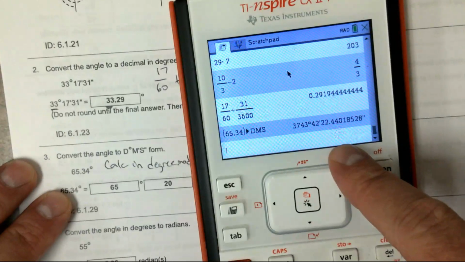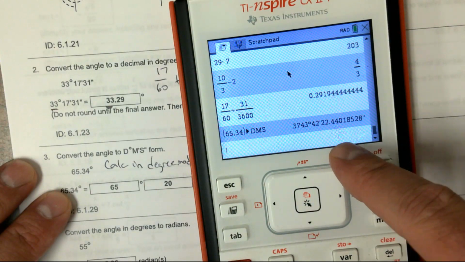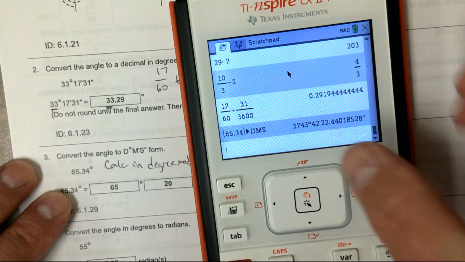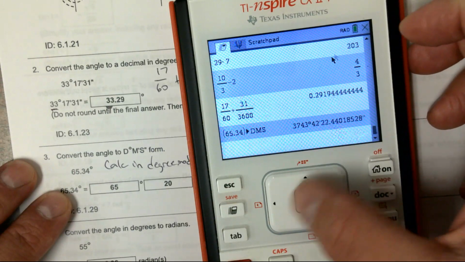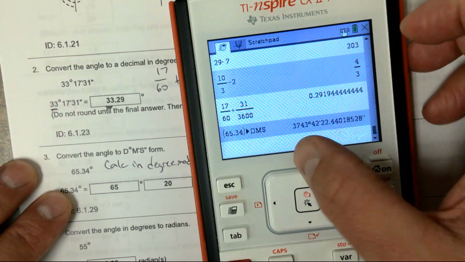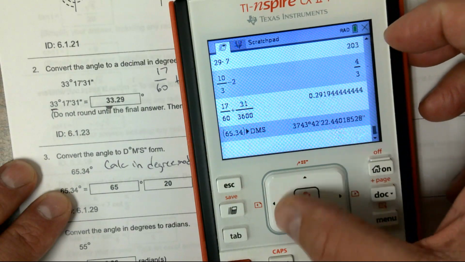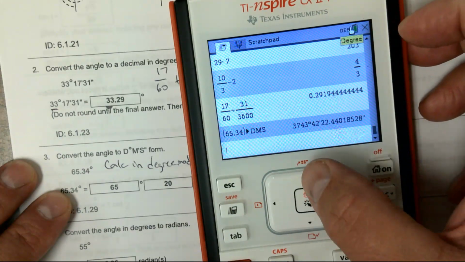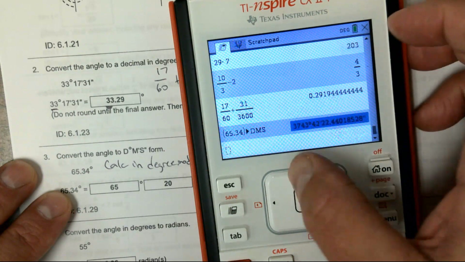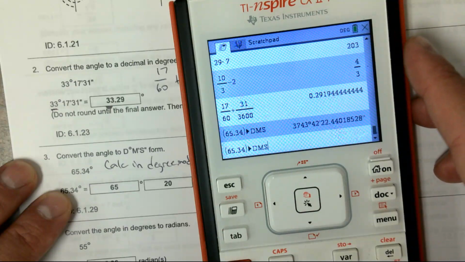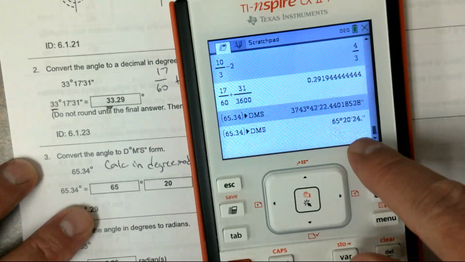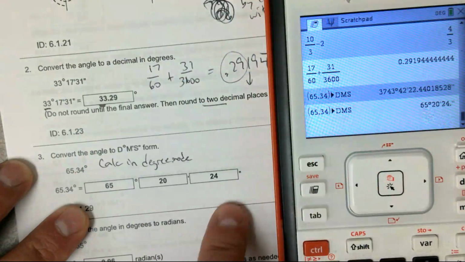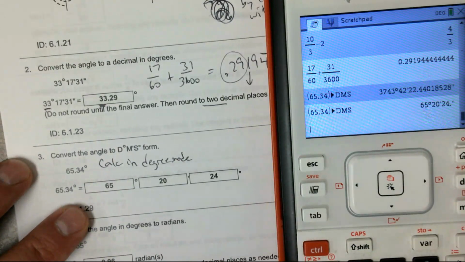Oh, so I'm glad this happened. I was in radian mode, and I meant to be in degree mode. So click, and then this needs to be in degree mode. So 65, 20, 24. So that's how you do that one.